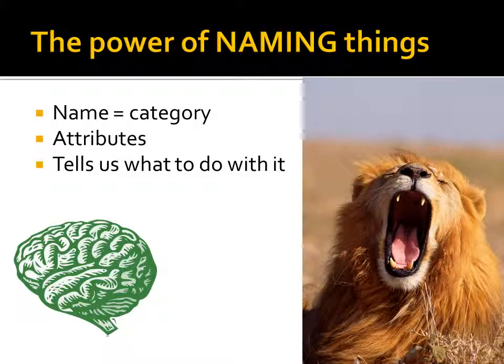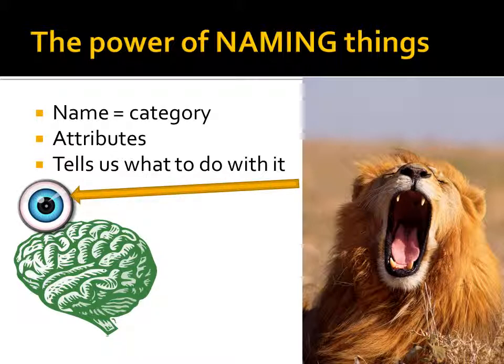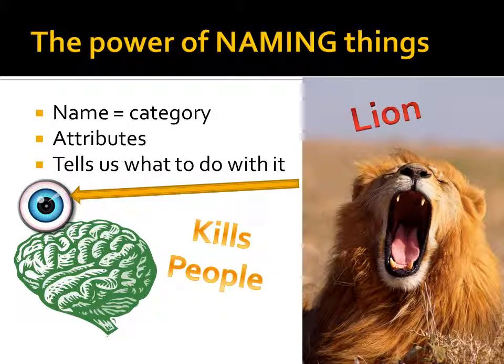Now, that's in the abstract. Let me bring it to reality here. What is this? Our eyes see it, our brain interprets it, and we have learned the name for this. This is a lion. And I know that a lion has certain attributes, one of which is, if given the opportunity, it will kill people.